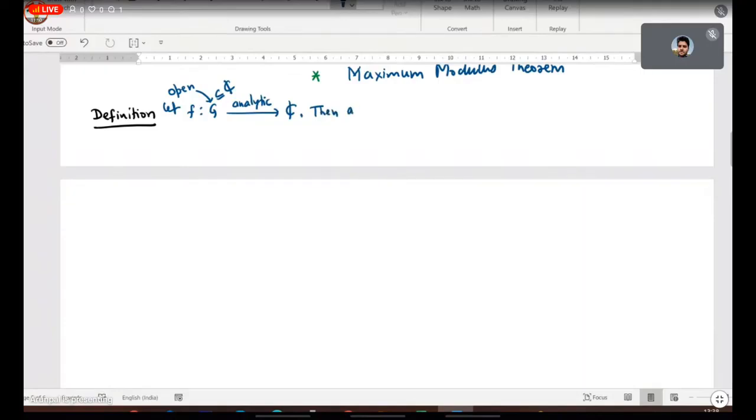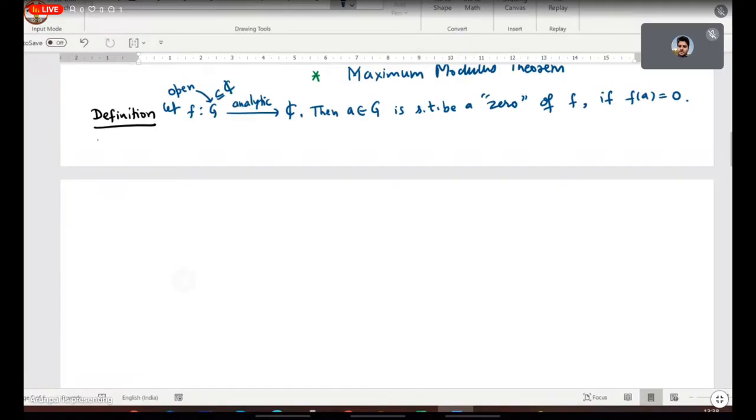Then any a in G is said to be a zero of f if, I mean, this is something very usual known to you, the point at which the value of the function vanishes. Is this okay, class?